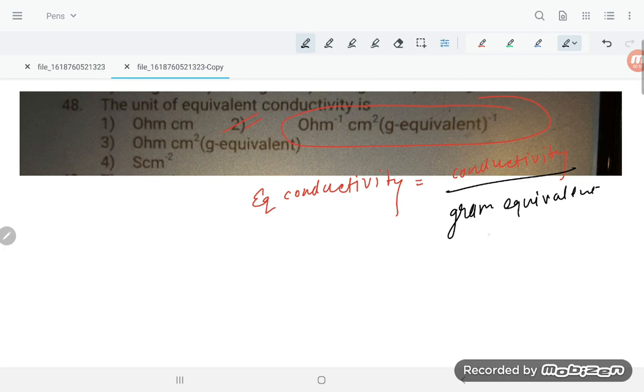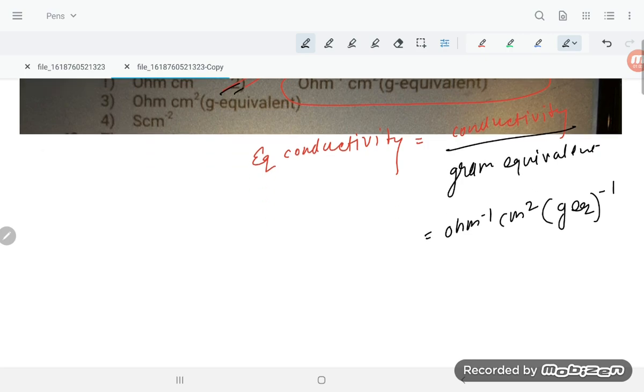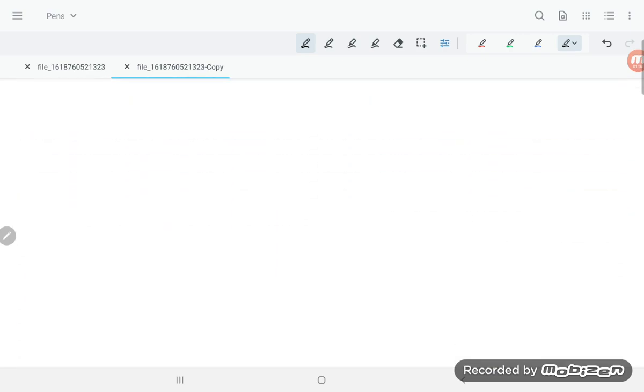So conductivity means ohm inverse centimeter square, and here is gram equivalent inverse. So the correct option is option number 2. That's a very easy conceptual problem.